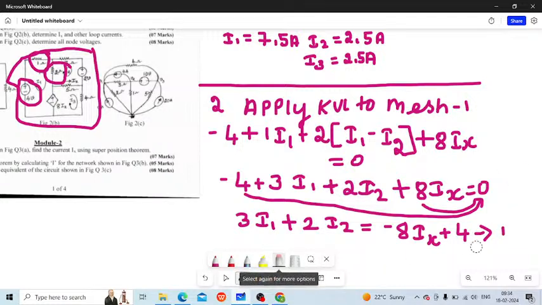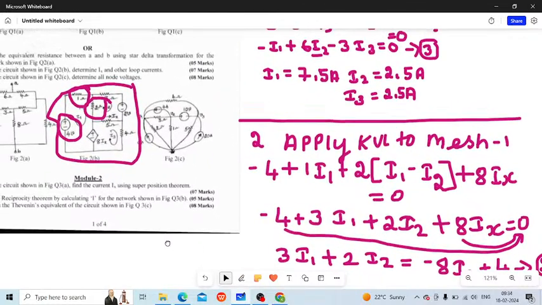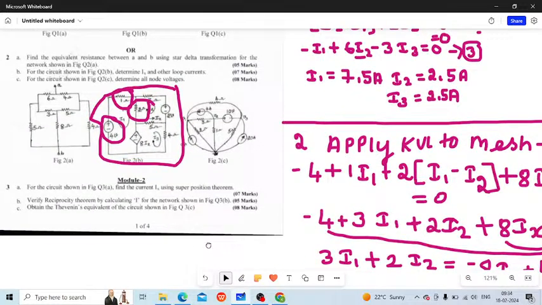Why equation number 2? We haven't written one more equation, that is the current equation. What is that current equation? The question asks us to find the current for the circuit shown in the figure. For question number 2, we determine Ix and the other loop currents. So we need to write the Ix equation first. What is Ix? Ix is present between I3 and I2.